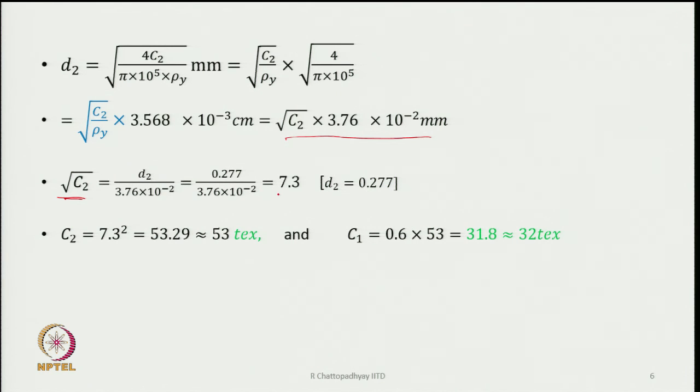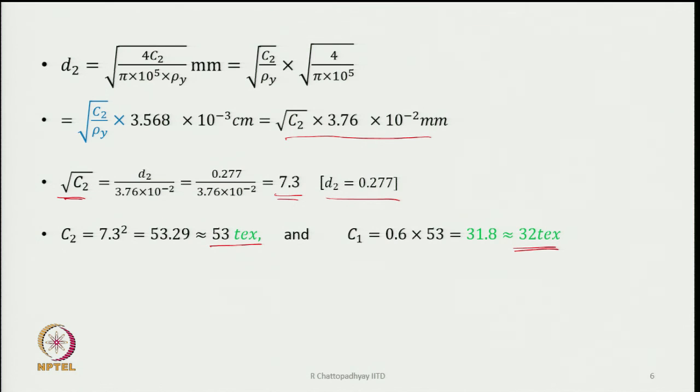It is going to be 7.3, because d 2 we have already calculated, which is 0.277, and therefore, C 2 is going to be 7.3 squared, that is 53.29, close to 53 tex, and C 1 is going to be 60% of it. So, C 1 is going to be close to 32 tex.